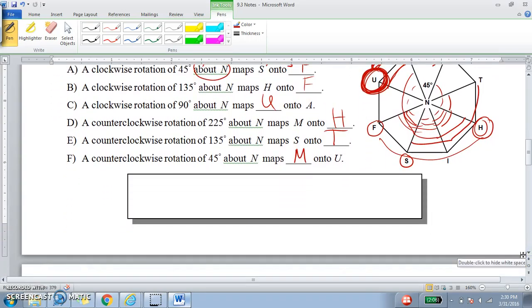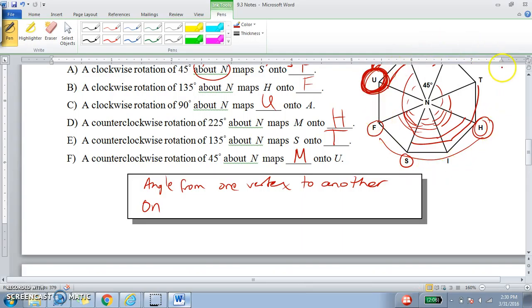All right, so to figure out this angle, it was given to us right here. To figure out that angle from one vertex to another, we know that a full rotation is 360 degrees. So to figure out what one spot is, we just take the number of letters or the number of sides and divide 360 by that number.